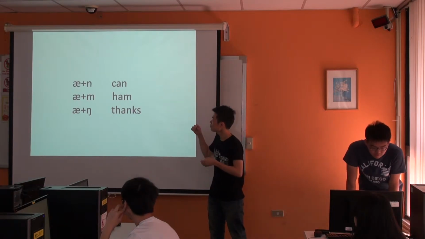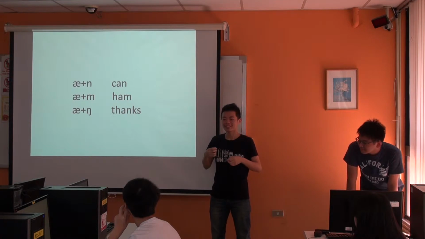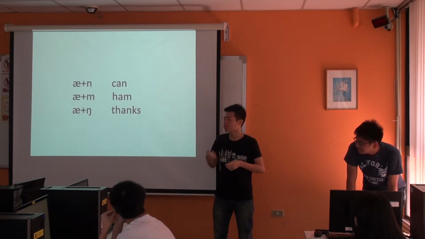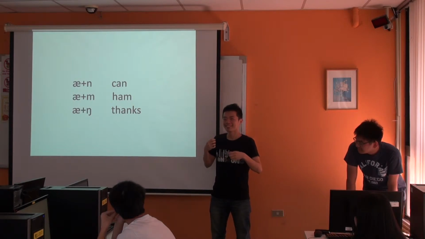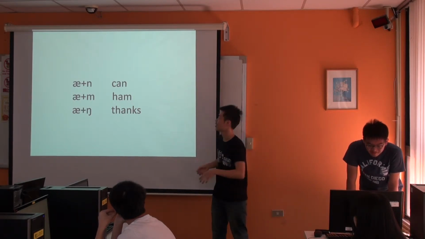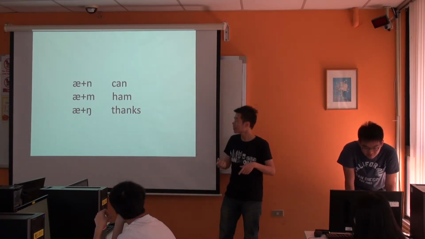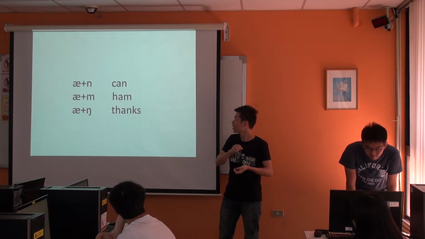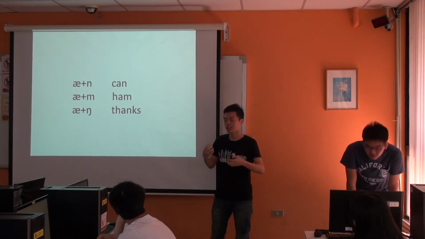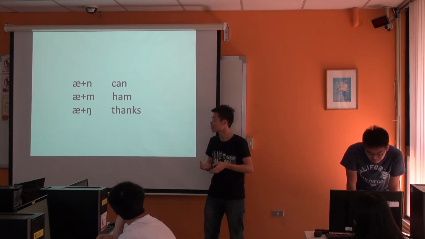So let's say that again. Can in American English, and in British it will be can. So no schwa sound. Okay, and the next one is ham. As with can, the ham will be ham in American English.